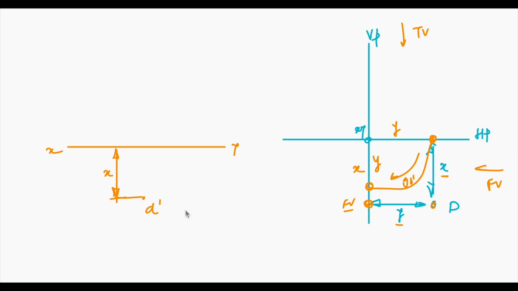So on the same projector of this D, at a distance of x, you will get the top view. This is front view and this is top view.